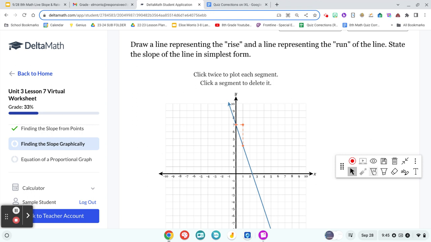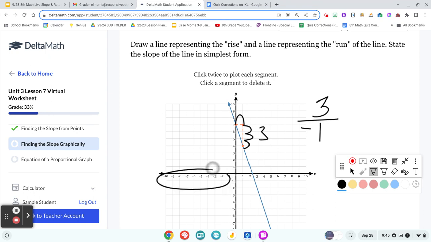From here, we just need to count. So I'm going to show you what's in my brain here. We are going to count from 1, 2, 3. The rise is up 3. When we're going up, it's positive. When we're going down, it's negative. Now let's see if the run is positive or negative. We're going to go left 1. When we go to the left, it's negative. See how the negatives are to the left?